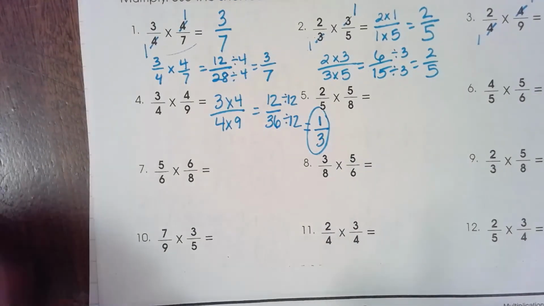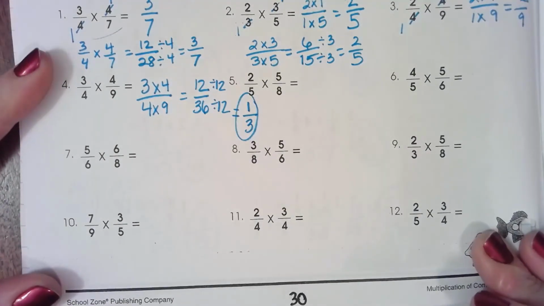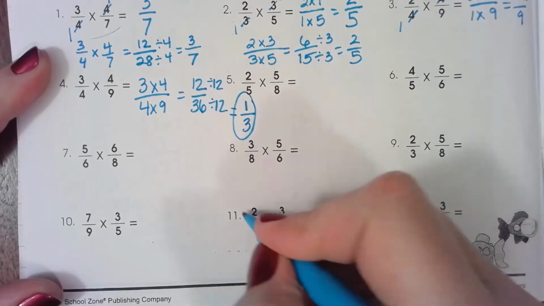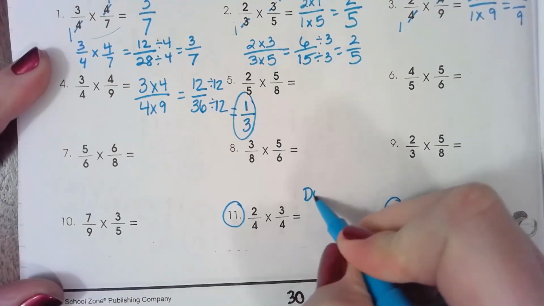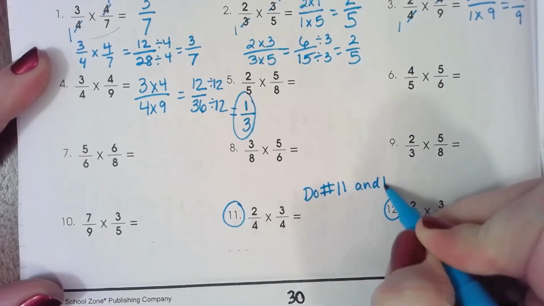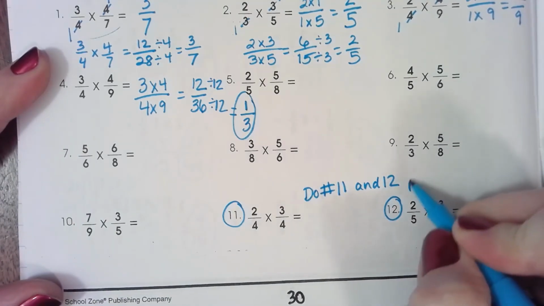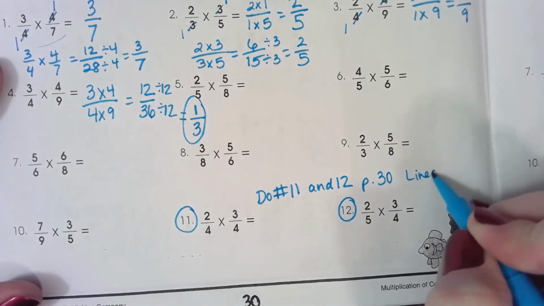Okay? What I'd like you to do is try 2 problems for me. I want you to try number 11 and number 12. So do number 11 and number 12 on page 30. Can you do those on lined paper? Okay?